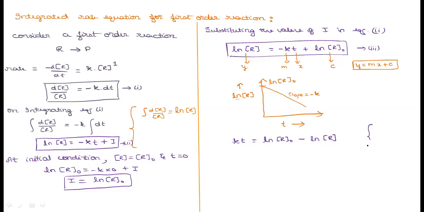We know that log m minus log n will be equal to log m by n. Hence we'll consider ln R naught minus ln R will be equal to ln R naught by R.